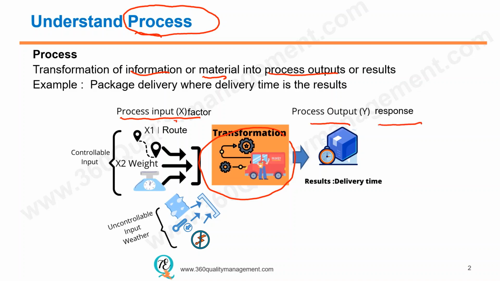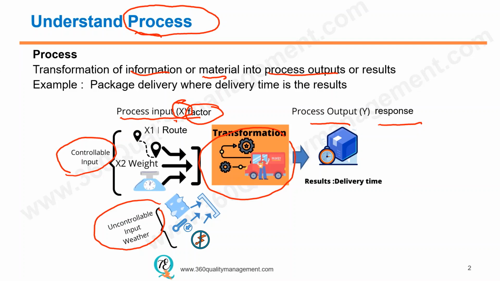Process input can be termed as the X or factor. There are two types of process input. One is controllable and another is uncontrollable. Therefore, we will need to divide all the potential X into controllable and uncontrollable factors when we are conducting experiments.